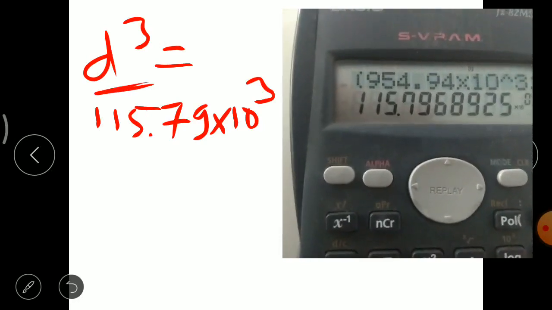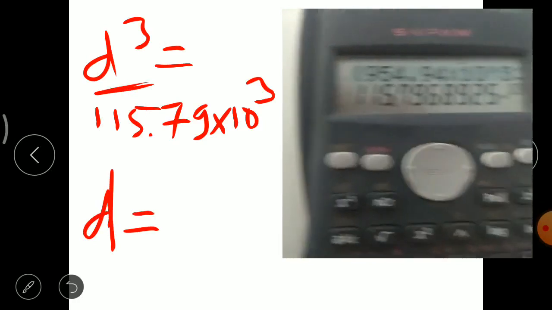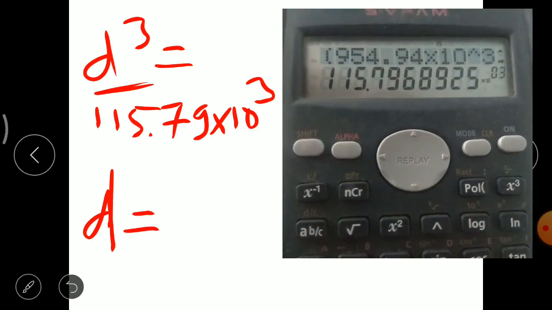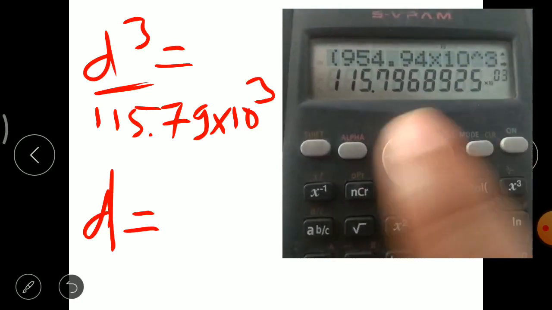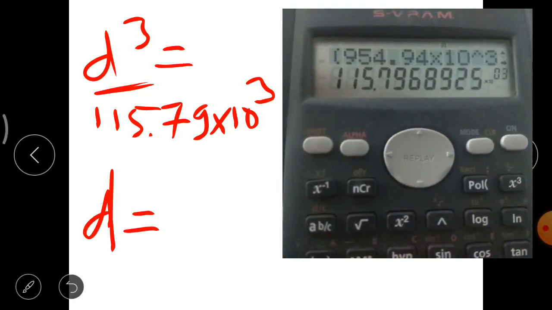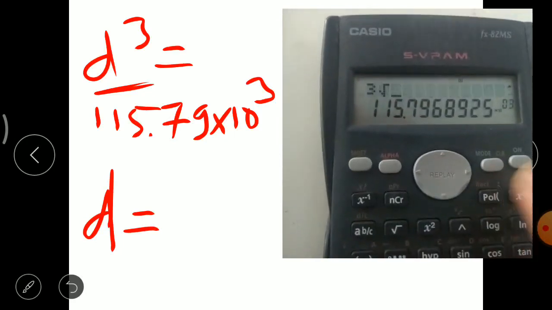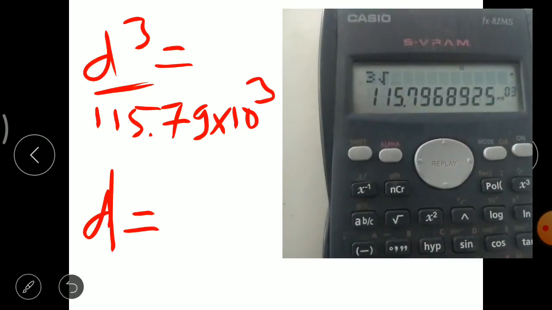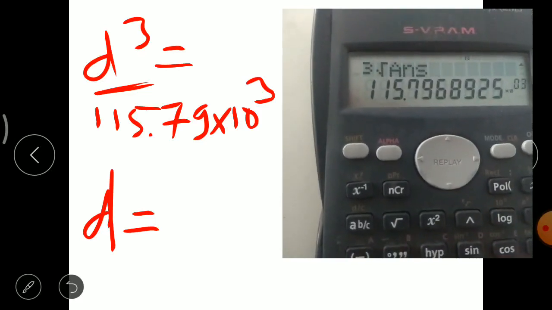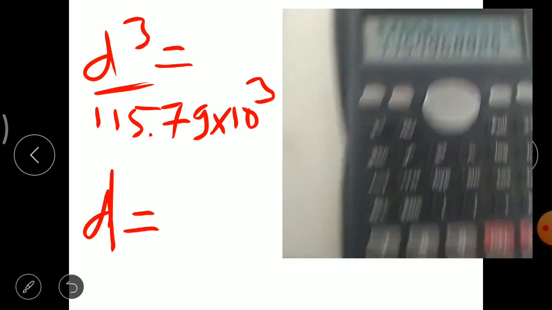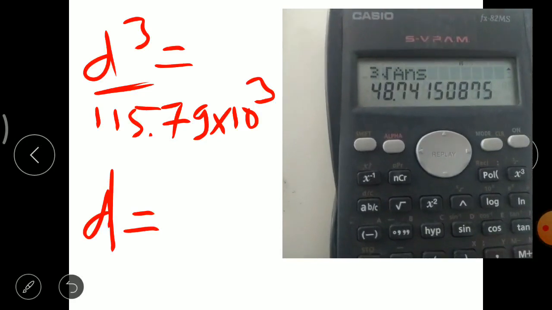This is the value of d cube, but I need the value of d only, so I have to use the cube root. Here you can see that by pressing the shift button and the d cube button, and under the root I will press the answer, which is 115.79 into 10 raised to 3, and I will get 48.74.